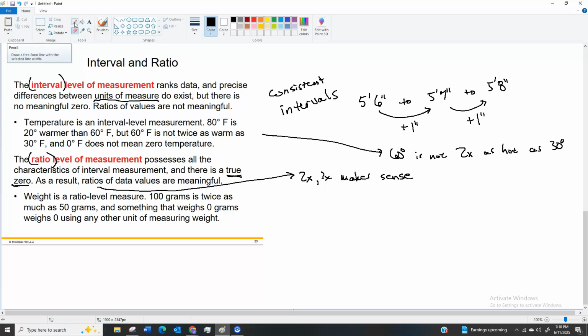Another way in which temperature fails to reach ratio level is that there really is no true zero with temperature. There is absolute zero, which is kind of more of a concept than an actual zero. I'm not going to go into that because that's not my expertise, but it's kind of a concept.